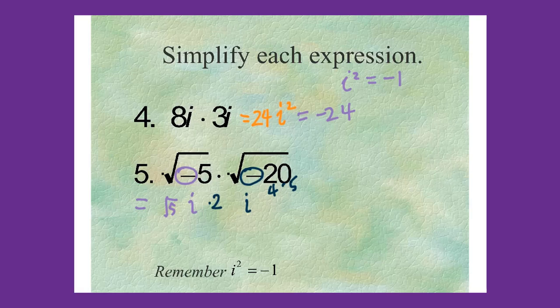Therefore, you got 2 square root of 5. This time, we do multiplication. You will get 2 times 5, because the square root of 5 times the square root of 5 is 5. So you got 10i squared. i squared equals negative 1. Therefore, the answer is negative 10.